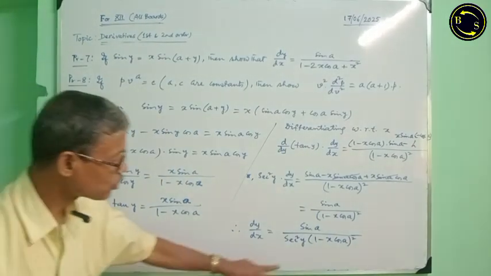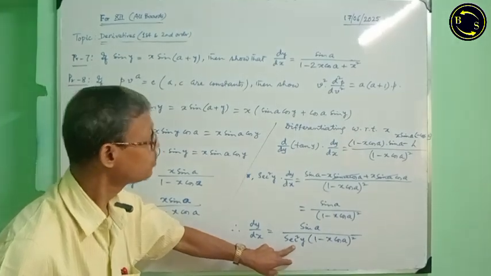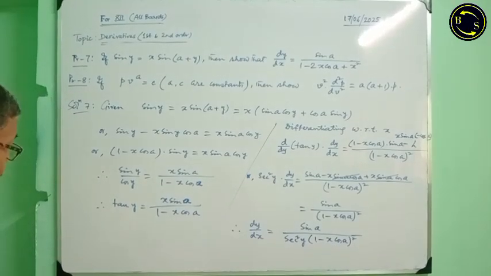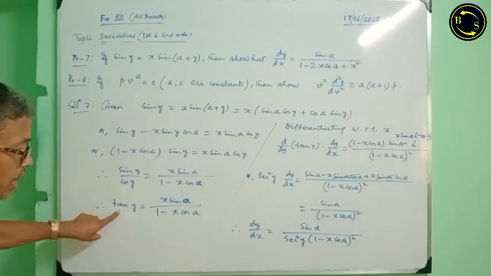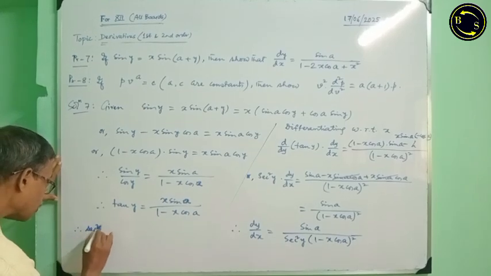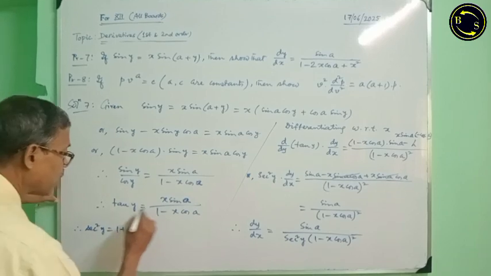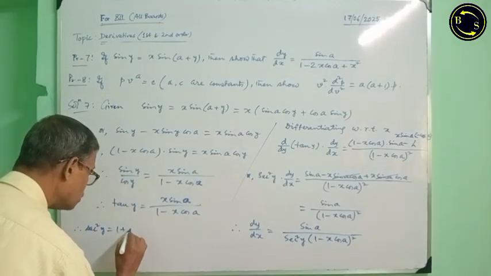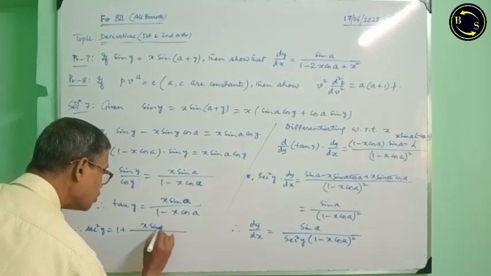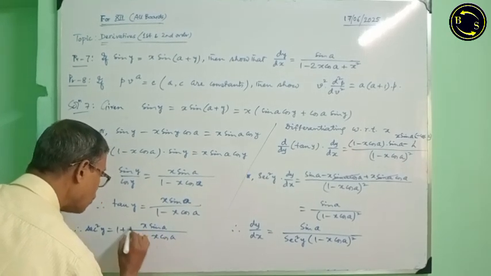Now sec square y is there, its value is to be found out. We have tan y, from that sec square y is equal to 1 plus tan square y, means this one, x sin a by 1 minus x cos a whole square.